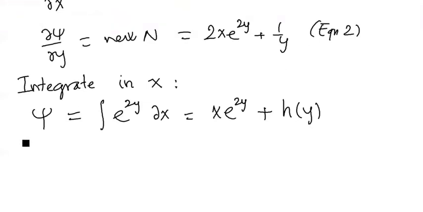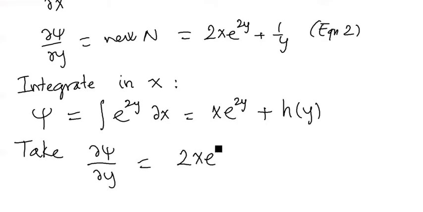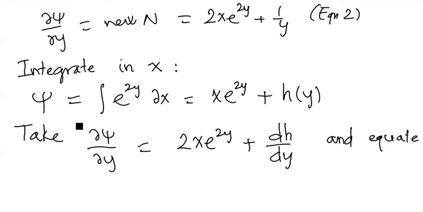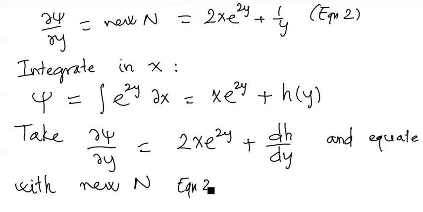And then we take the derivative in y, partial psi, partial y. We have 2x e to the 2y plus dh/dy. We take the partial derivative and equate it with equation 2, with the new N.